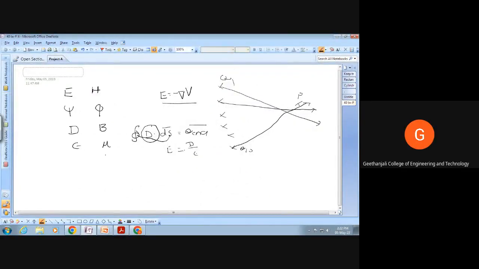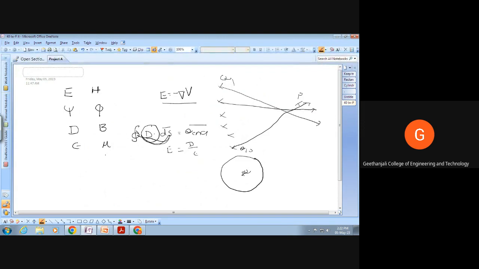But the problem with Gauss law is, unless the charge and the Gaussian surface are symmetrical, it is not possible to evaluate this integral. Suppose there is a point charge of q coulombs, and at the center of it, imagine a spherical surface with the center of the sphere coinciding with the origin, where I am placing q coulombs of point charge.